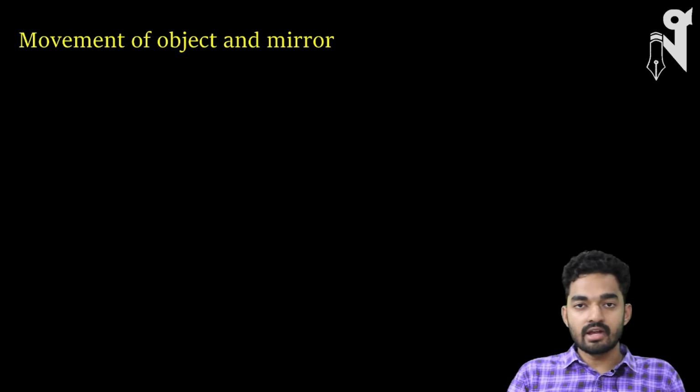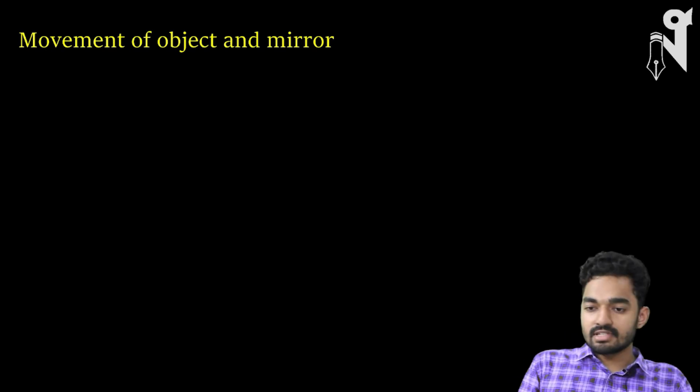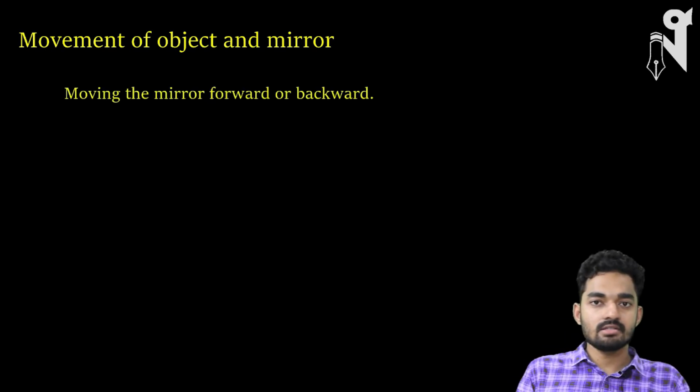So we have seen what happens to the image if the object is moved. Now let's look at what happens when the mirror is moved. So we'll start with the case where the mirror is either moving forward or backward.